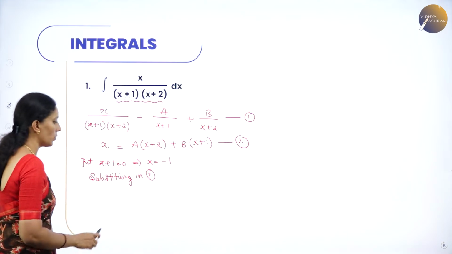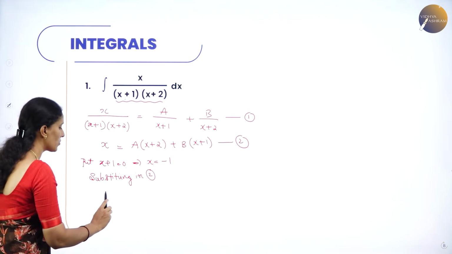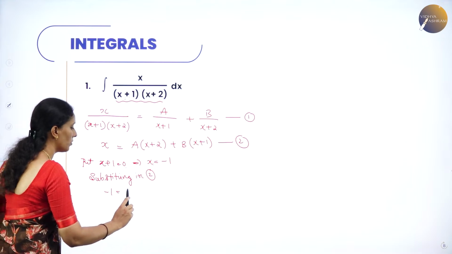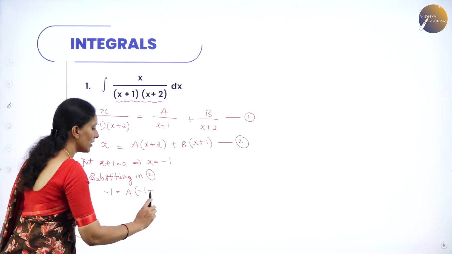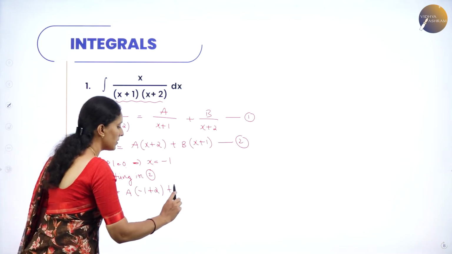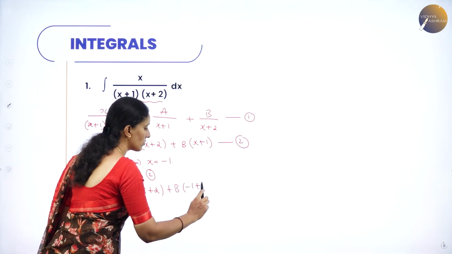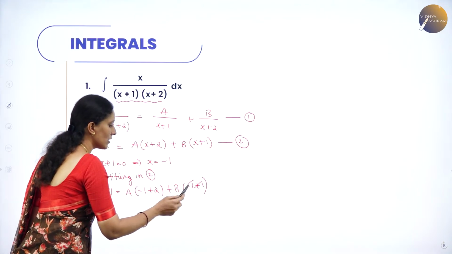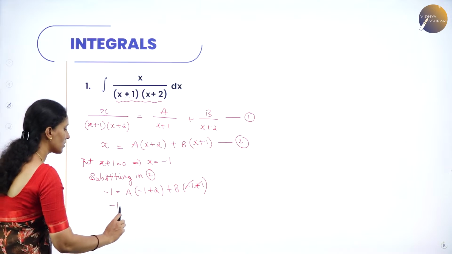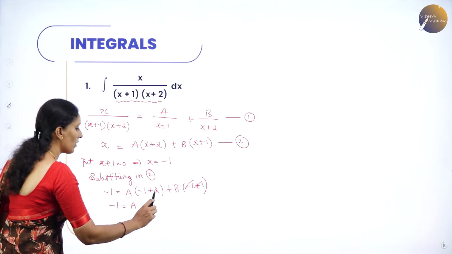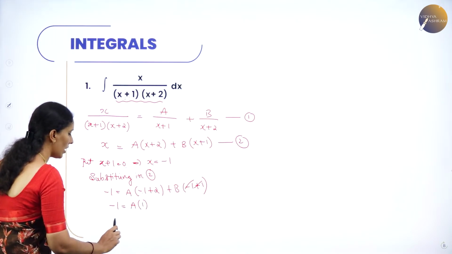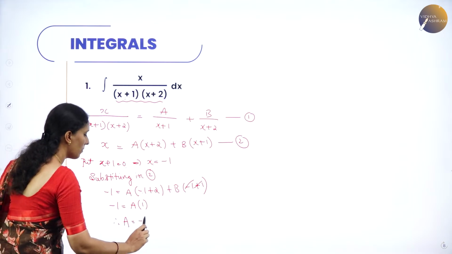Substitute in equation 2. So put x equal to minus 1. Minus 1 is equal to a into (minus 1 plus 2) plus b into (minus 1 plus 1). The second term cancels, so it becomes 0. Here we have minus 1 is equal to a into 1, since minus 1 plus 2 is 1. Therefore the value of a is equal to minus 1.